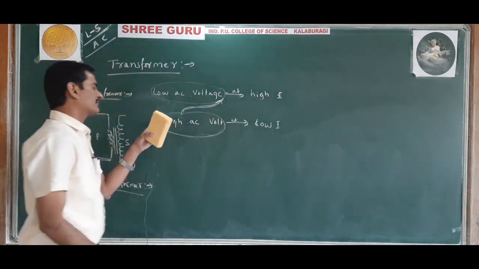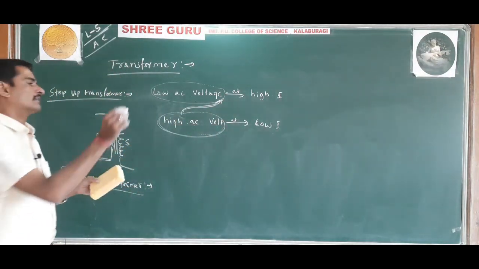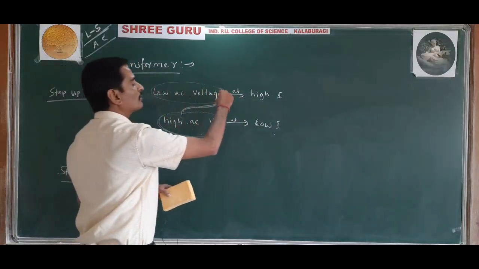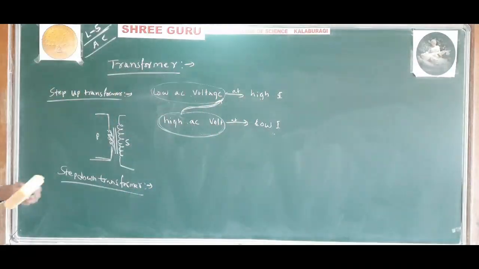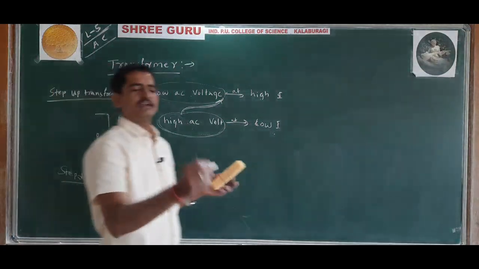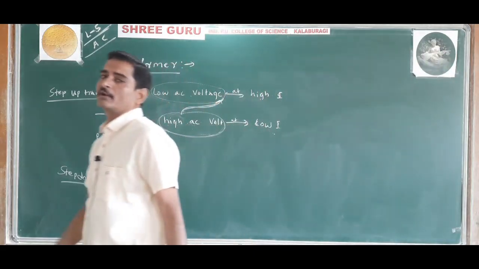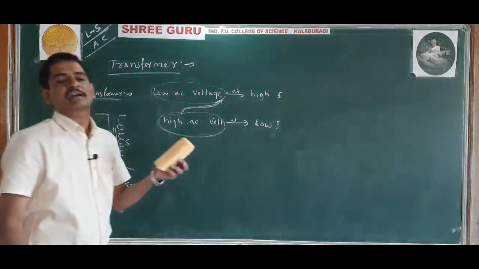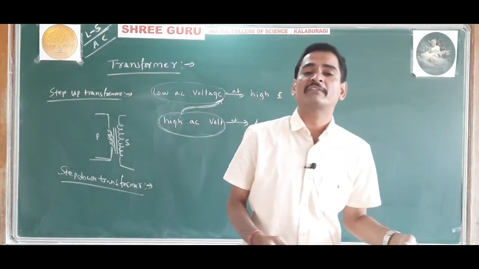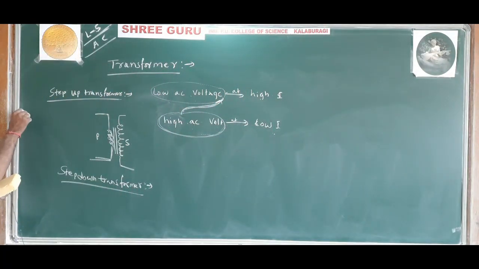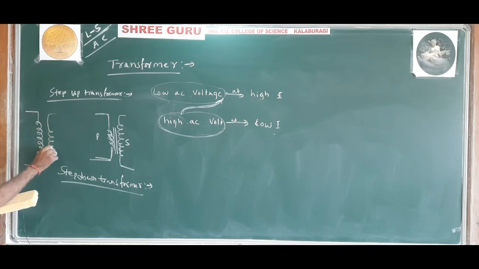That is, a step down transformer decreases the alternating voltage by increasing the current. And the circuit symbol for a step down transformer is shown in the figure.